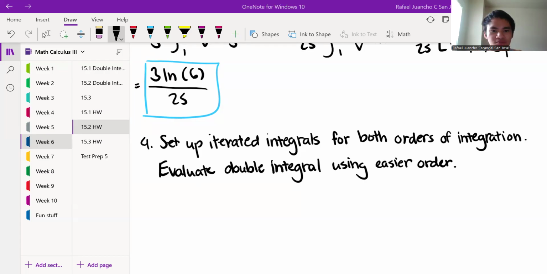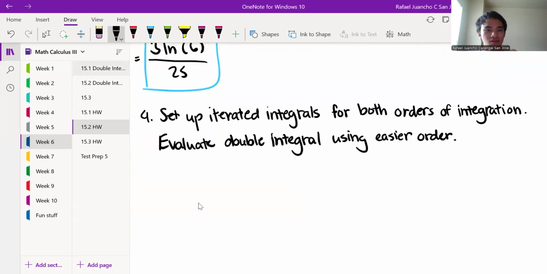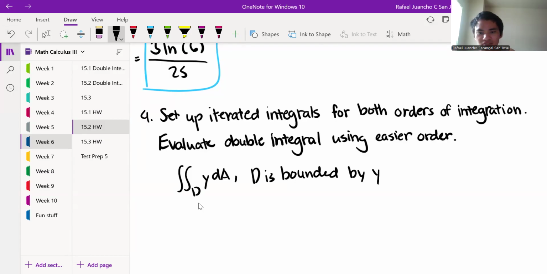Okay, so here's what we're gonna do. Just write it out first. So here we have a double integral y dA, and this is equal to, oh, whoops, my bad. So here we're saying that D is bounded by a general region. The general region is y equals x minus 12, and then we have x equals y squared.